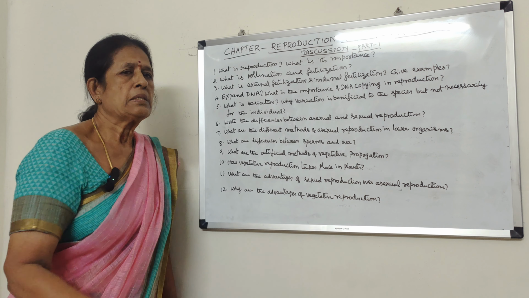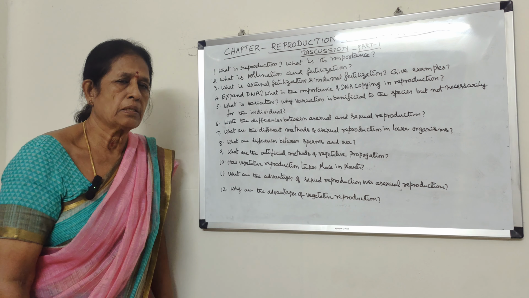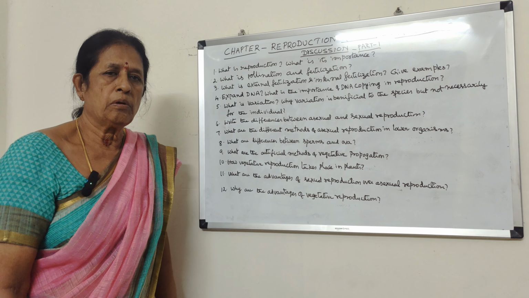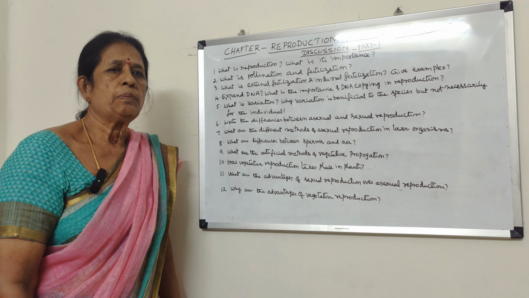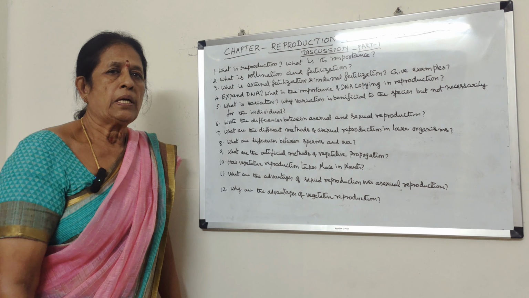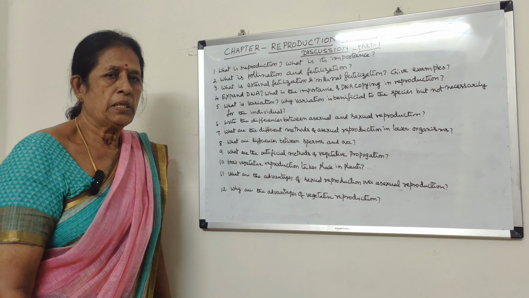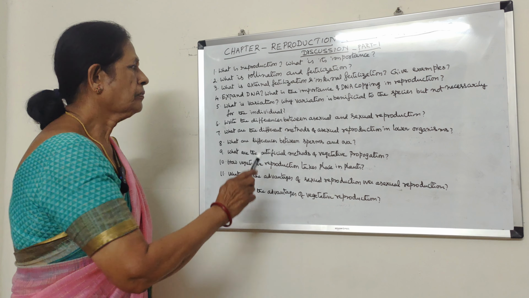DNA is in the form of a double helical structure. It is present in the chromosomes of the nucleus, and it carries the genetic material from the parent generation to the progeny or offspring. That is the importance of DNA.